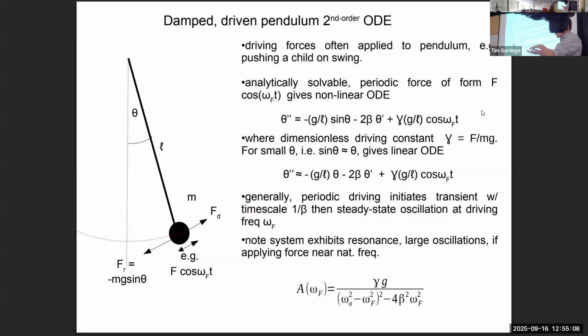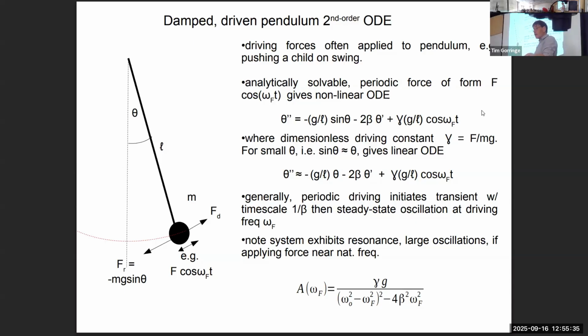This is the class where there's the famous effect of resonance. If the driving frequency is far from the natural frequency of the pendulum, then the oscillations at steady state that have the driving frequency are going to be small.